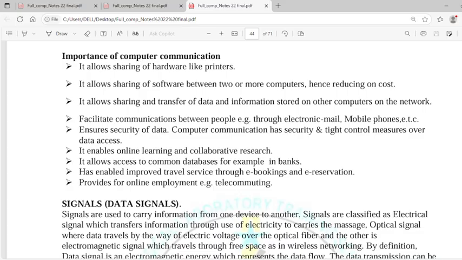So what are some of the importances of computer communication? Importances of allowing computers to communicate. One, it allows the sharing of hardware like printers. If two or more computers are able to communicate among themselves, they can share one piece of hardware.